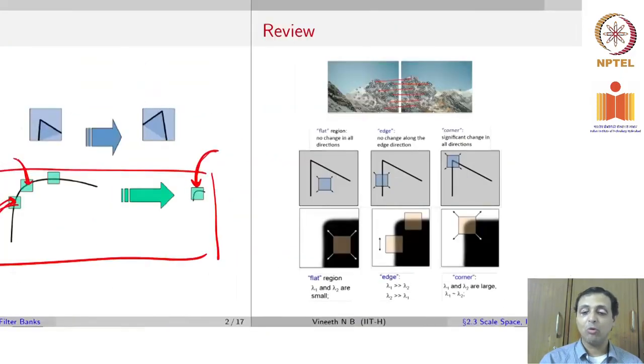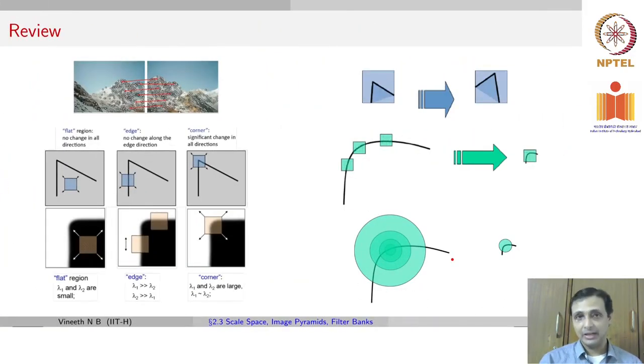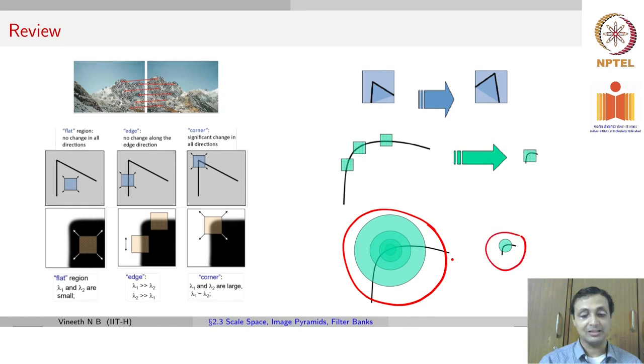So we are ideally looking for a setting where we can analyze both these image artifacts at different scales and be able to match them at the right scale. And that's the way we would make the Harris corner detector scale invariant.